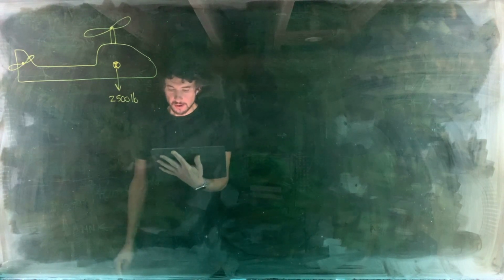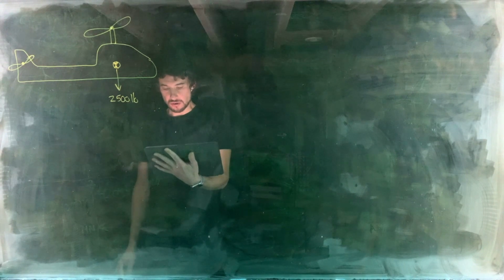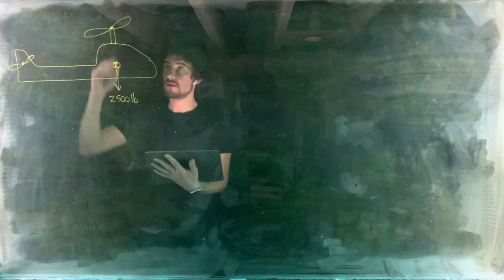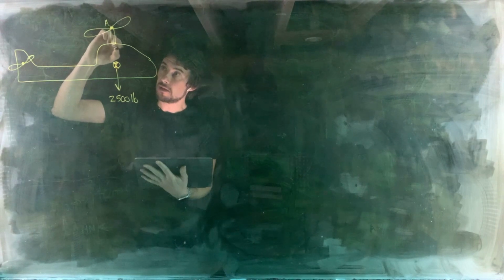A 2,500 pound helicopter. So let's just put its center of gravity right here. 2,500 pound helicopter hovers, neither moving up nor down. The helicopter's motor delivers 245 horsepower to rotor shaft AB. So rotor shaft AB is this guy here, AB.